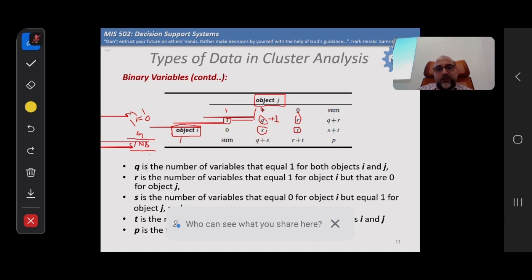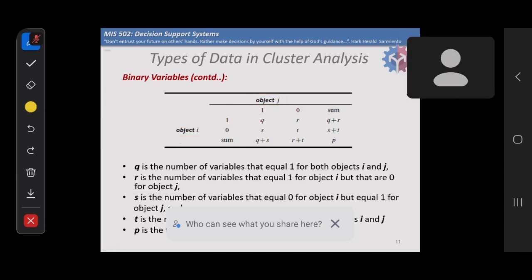But if the first person is male and the second person is female, zero, then which counter will go up? Q, R, S, or T? You understand my question?